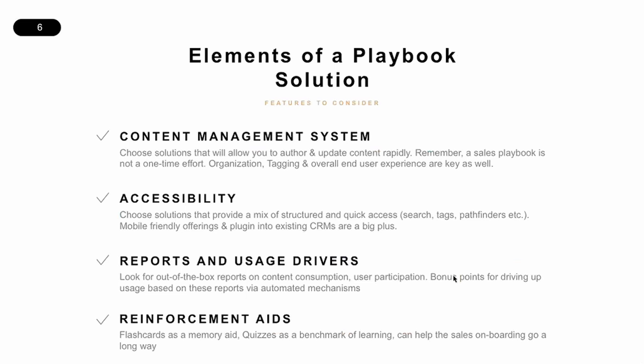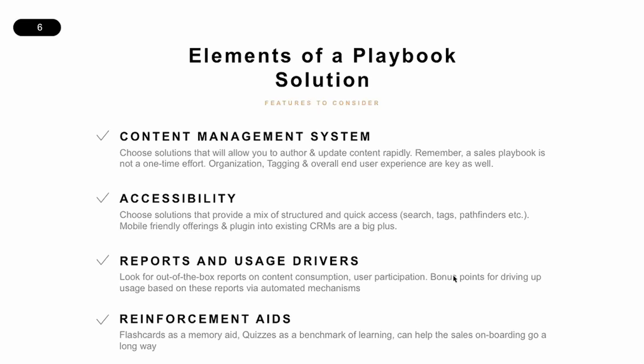We have seen too many instances where the content management system has been the single largest roadblock to getting content live or keeping the content up to date. So having a CMS which is quick to author, able to update content rapidly, and able to maintain versions of different pieces of content is quite critical.